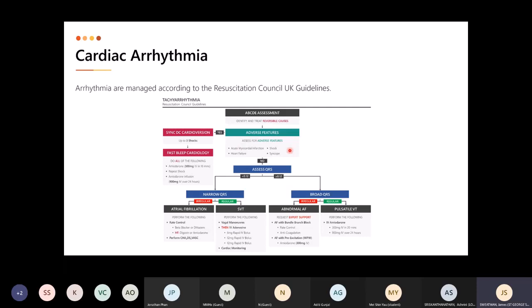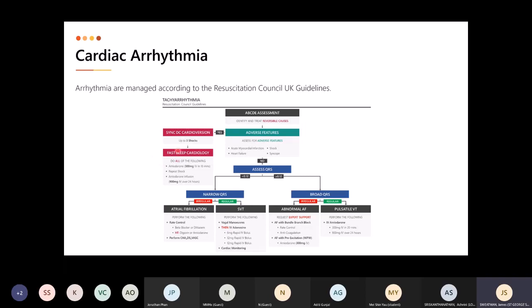Then you assess for adverse features in your A to E. So as you said, acute myocardial infarction, heart failure, shock, syncope. If they've got any of these things, you should be cardioverting them. And when you do this, please make sure it is synchronized cardioversion, because if you don't synchronize it, you'll put them into VF or torsades, and you can give them up to 3 shocks.